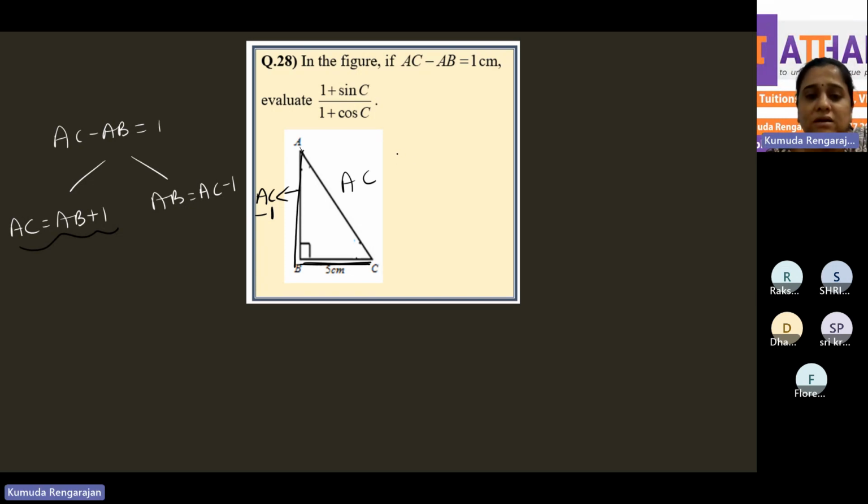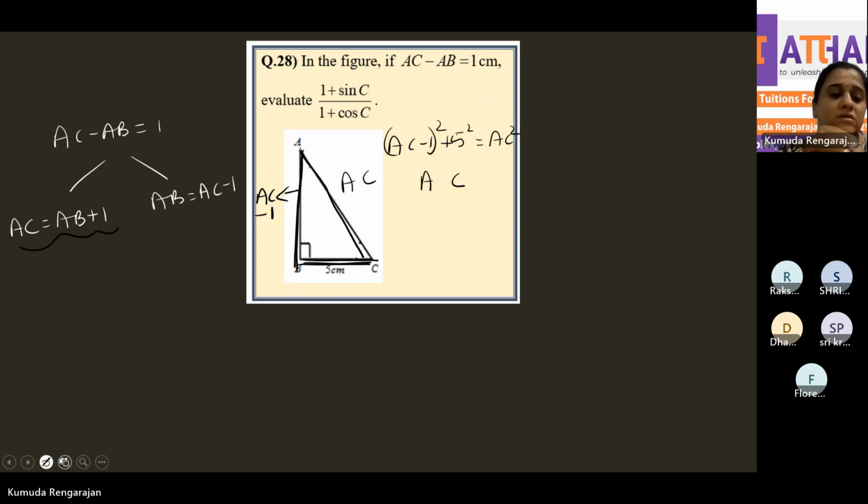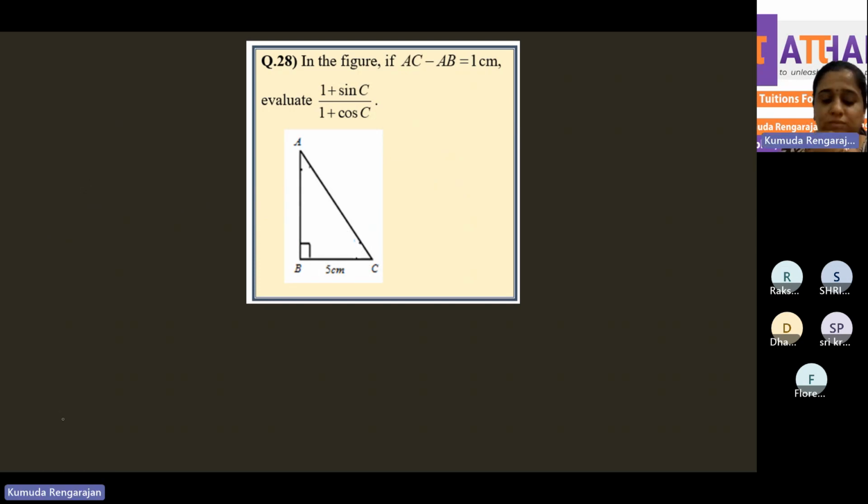So then it will be AC minus 1 the whole square plus 5 square is equal to AC square. Pythagoras theorem. So here when you work, you will get AC. And once you find AC, you can find AB, which is AC minus 1. So that's what you have to do.